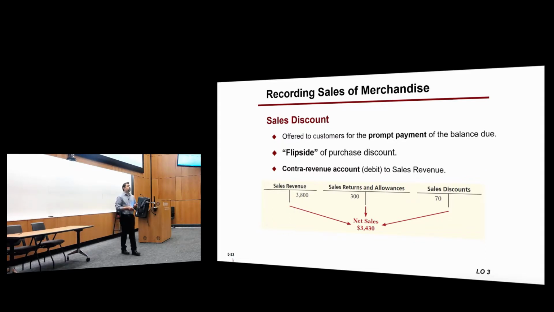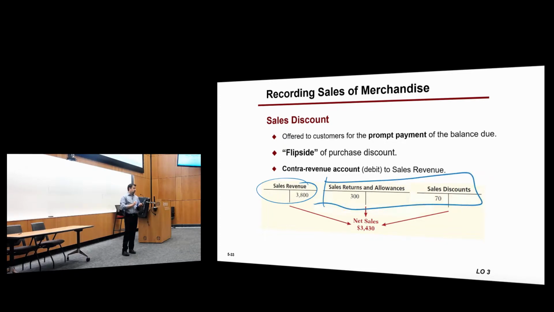So companies want to calculate the net sales. Remember that the net sales is used to later on calculate the gross profit. Net sales is simply the sales revenue minus the two contra revenue accounts. So it's sales revenue minus the returns minus the discounts.